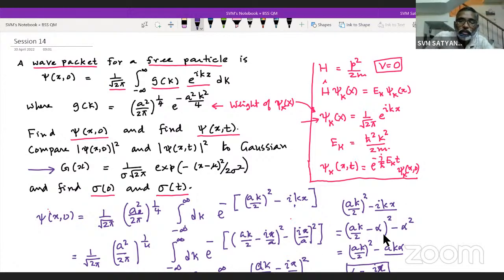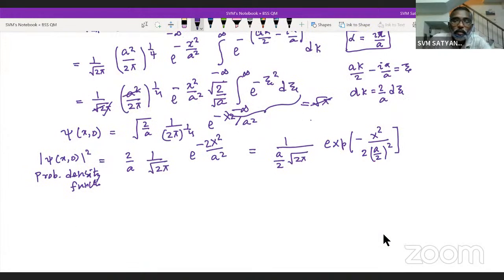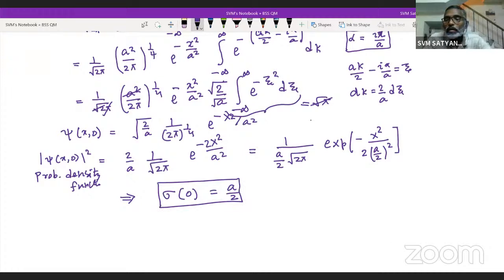So if you compare this, (a by 2) root 2 pi exponential minus x by 2 (a by 2) the square, this implies we can say that sigma at 0 is a by 2. Okay, so that is our result. Any questions up to this?